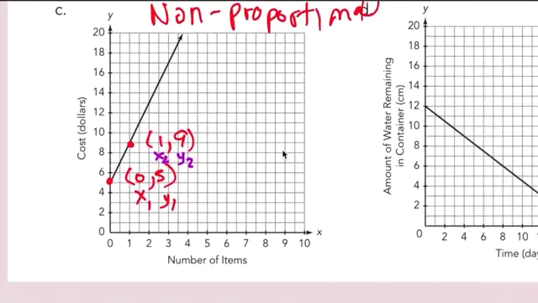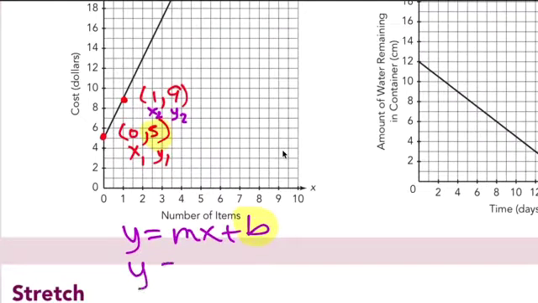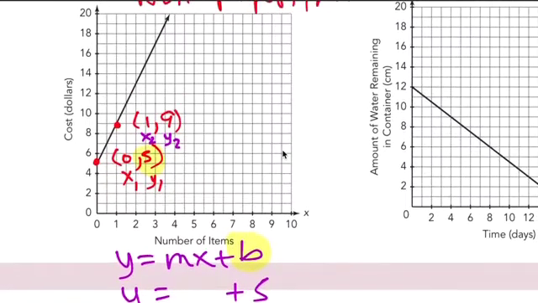Okay, so we got y equals mx plus b. B is the y-intercept of 5. So y equals plus 5 there. Okay? So y sub 2 minus y sub 1 over x sub 2 minus x sub 1.